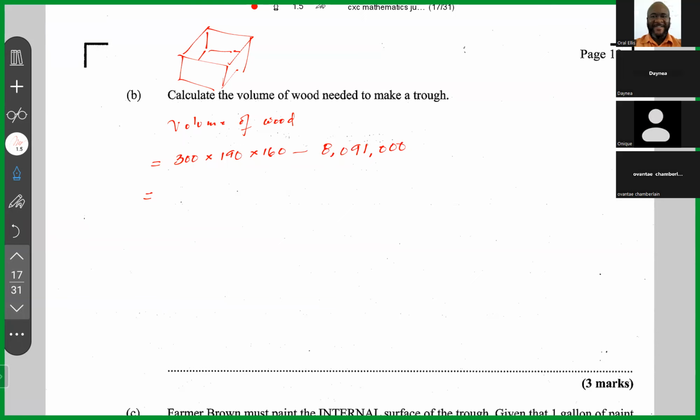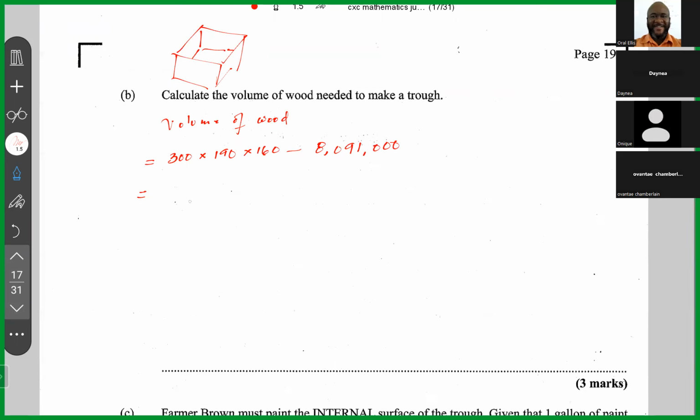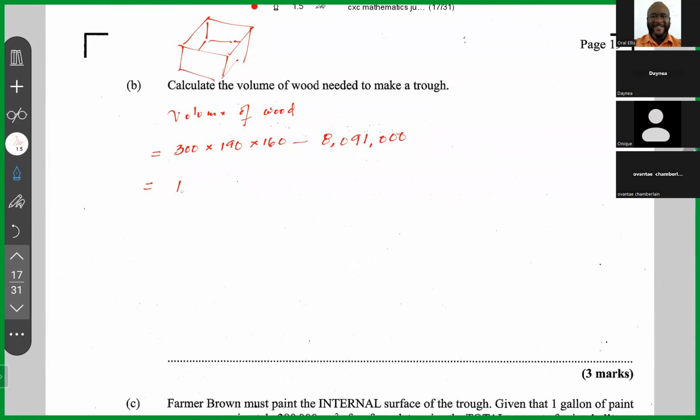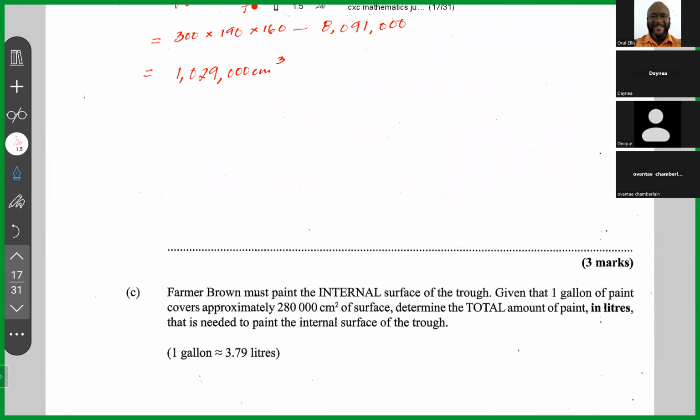If you put this in a calculator and press equal, you're going to get 1,029,000 centimeters cubed. So to get the volume of wood used to make the trough, you simply subtract the internal volume from the external volume.